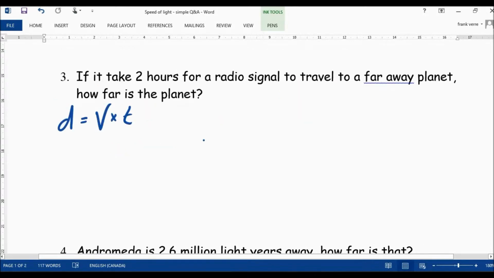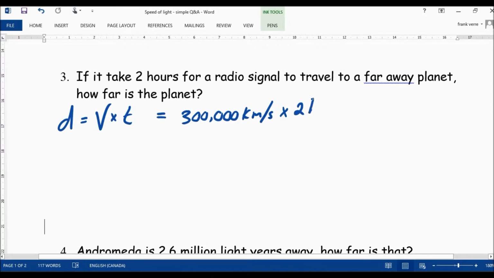Okay, next question is how far is a planet if a radio signal takes 2 hours to get to us? A radio signal would be traveling at the speed of light. So it's d equals v times t, again where v is really c. So c would be 300,000 kilometers per second, times 2 hours.